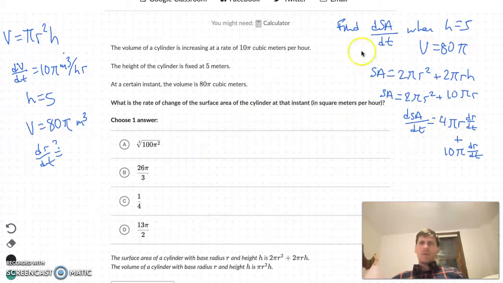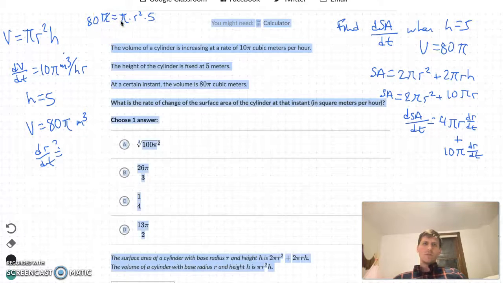Okay, we do know what r is because they're, oh no, we don't know what r is. So it's telling us 80 pi equals pi times r squared times h, which is 5, so we can find r using the original equation. Divide that by pi. Oh, that's nice.